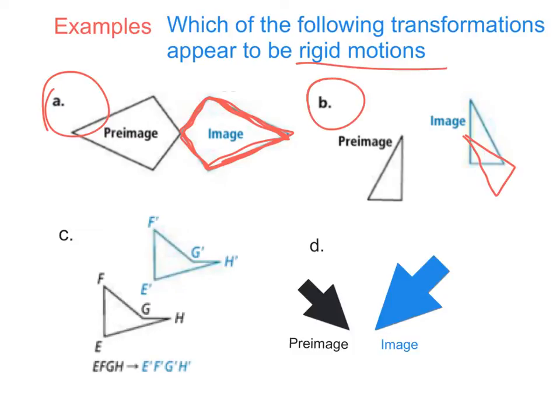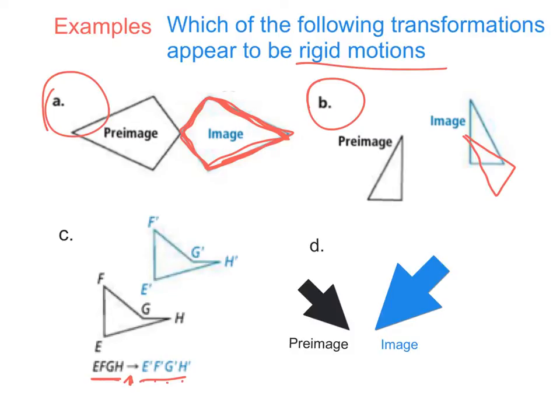Let's look at C. On C, we don't have the words pre-image and image, but we have a notation that we can use. So here we have EFGH, quadrilateral EFGH, and this arrow here means it goes through some sort of a transformation. And it gives us E prime, F prime, G prime, H prime. The prime is simply like an apostrophe, and the prime or the apostrophe means that it is the image.